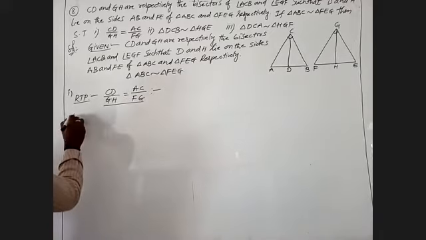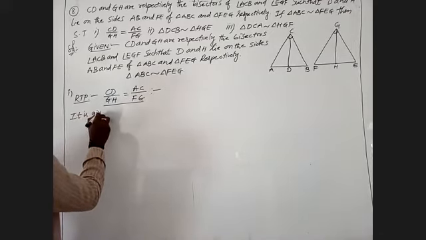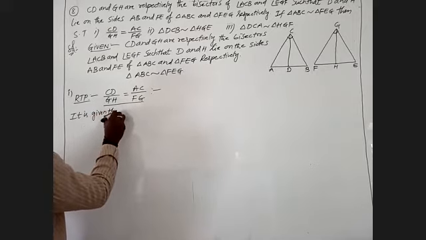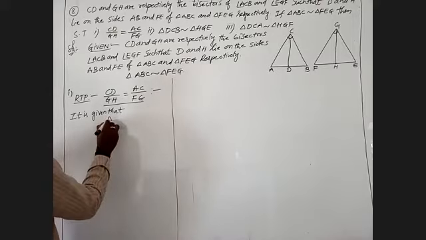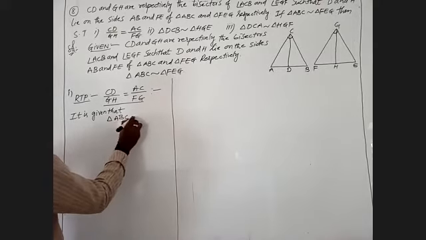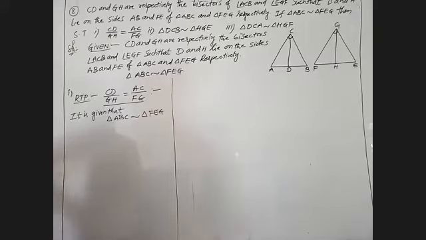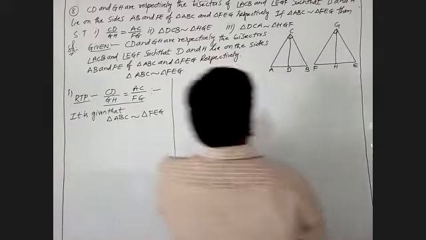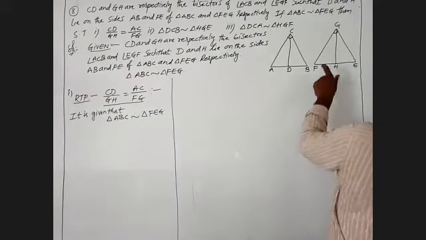By the problem, it is given that triangle ABC is similar to triangle FEG.